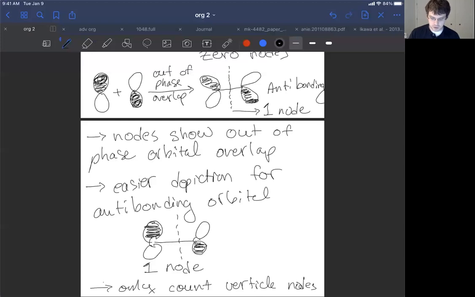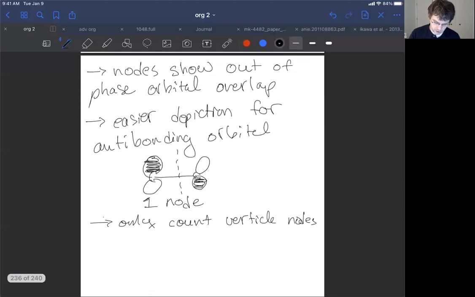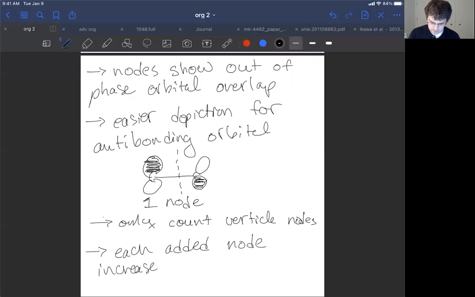Okay, so it turns out that each additional node increases the energy of the orbital. So each added node increases the energy of the orbital.